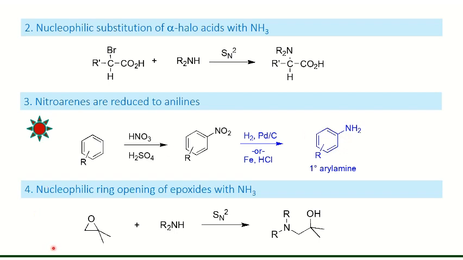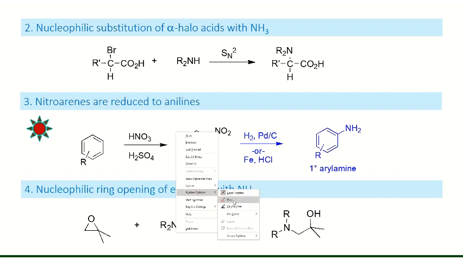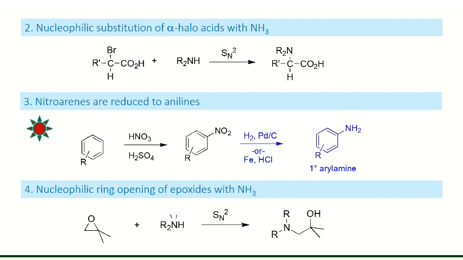And this one's kind of obvious. This is from stuff you did back in ether chemistry in Organic 1. And you and I know, because this is a base, then of course the attack will be at the least substituted carbon.